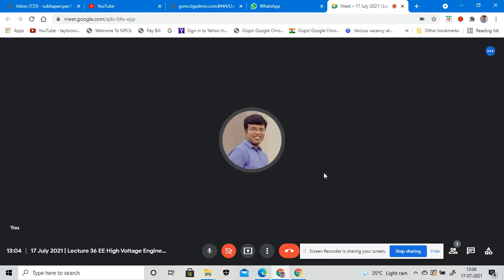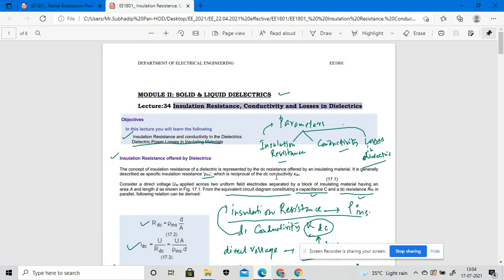Yesterday we discussed module 2, that means the solid and the liquid dielectrics. Inside this module we discussed the insulation resistance, the conductivity and the losses in the liquid dielectrics. We are choosing the transformer oil as a good liquid dielectric.